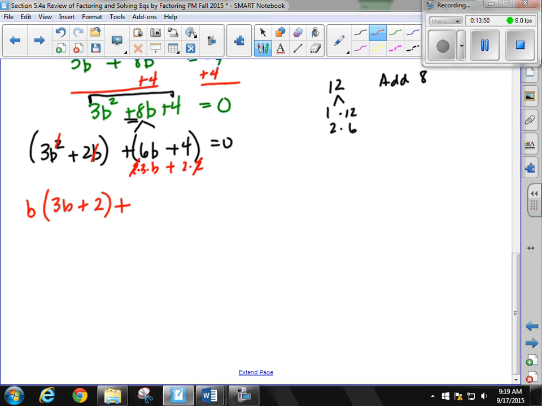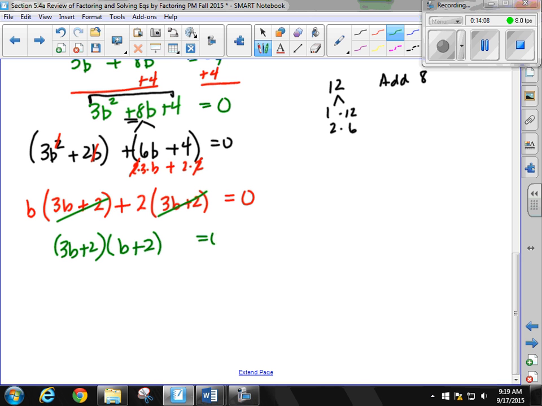They have a common factor of 2. Factor out the 2, and what we have left is 3b plus 2, still equal to 0. And now I have my common factors. 3b plus 2, and what's left is b plus 2 equals 0.